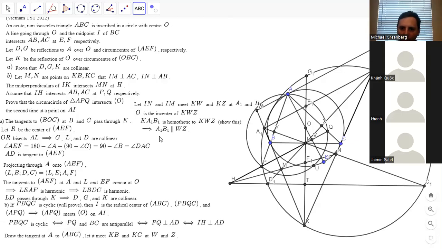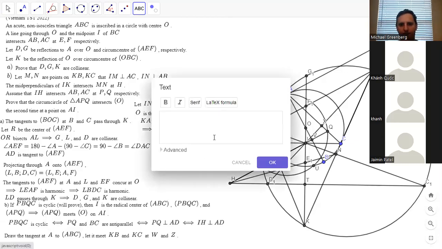So let B1I and A1I meet the circle KA1B1 at D1 and C1. Or did I call it E1? Let's see, D1 and C1.